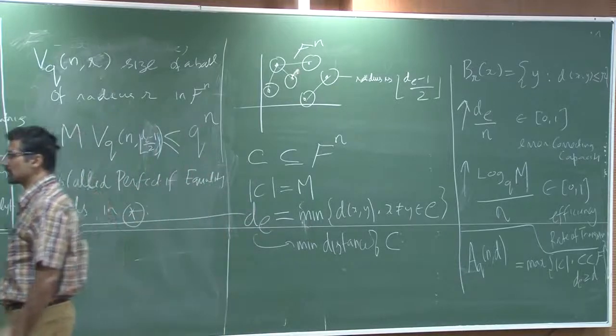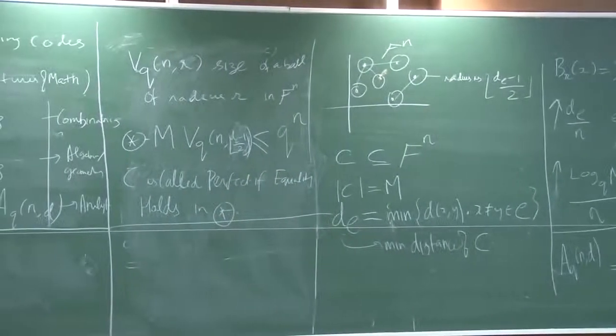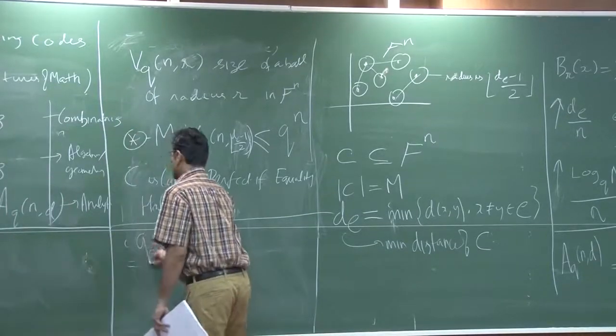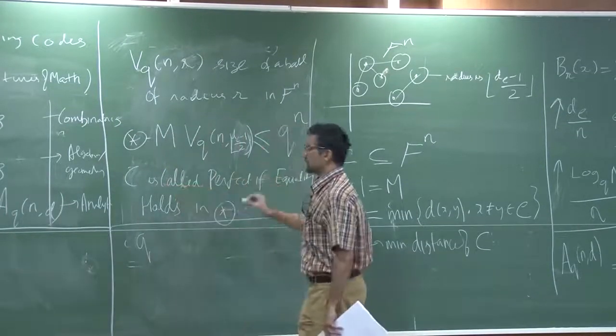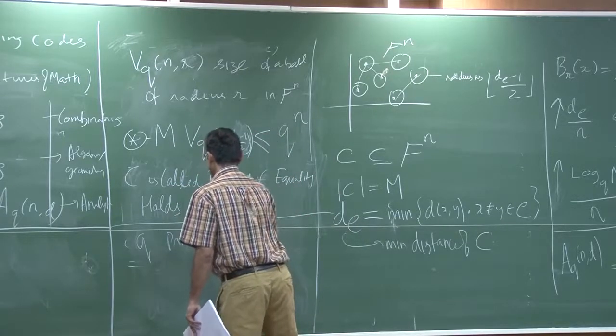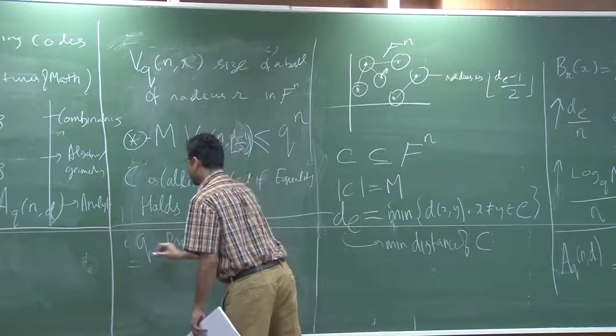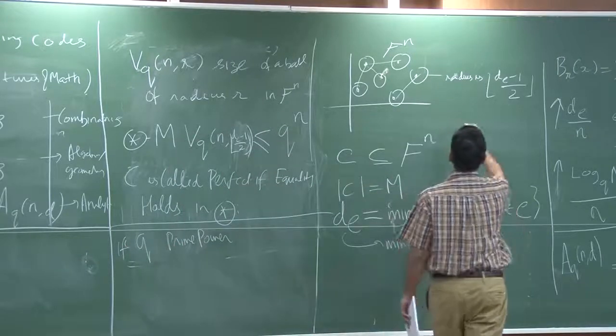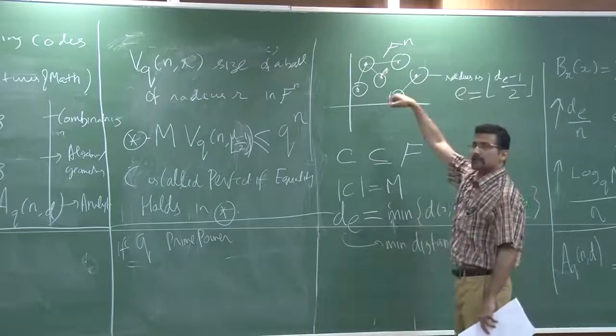People started asking these questions and they found, okay, if q is a prime power, if this alphabet size, what is q? The alphabet size, if it is a prime power. So I will tell you a theorem here. Let me call this number e. What is e? The radius of these balls.